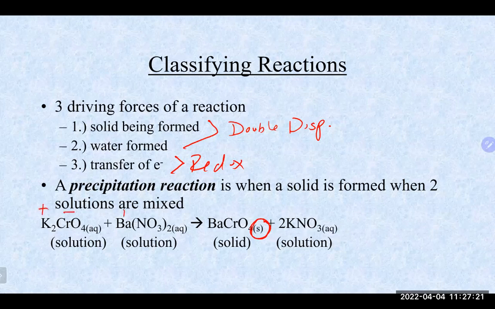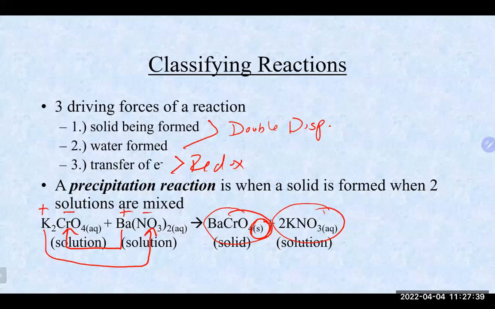Our positive, negative, potassium goes and finds the nitrate, barium goes and finds the chromate, and one of these combinations makes that solid. So the big classification of this type of reaction, like the one we made the other day, the yellow everywhere, that's hopefully still in your drawer, is double displacement, more specifically a precipitation reaction occurring.